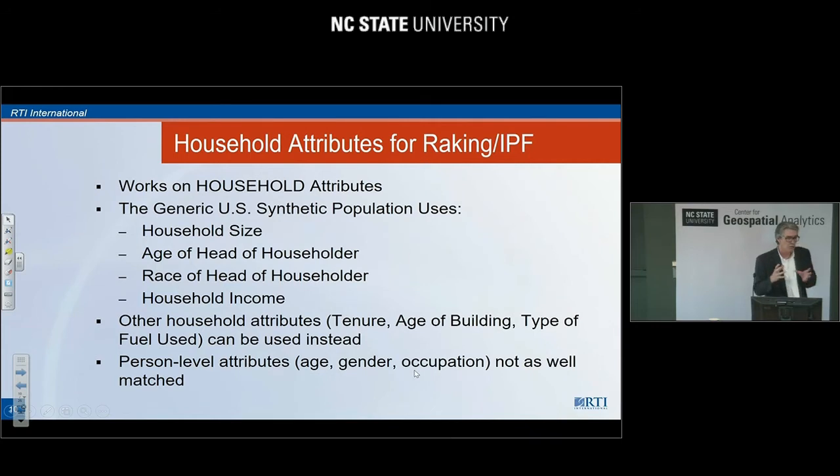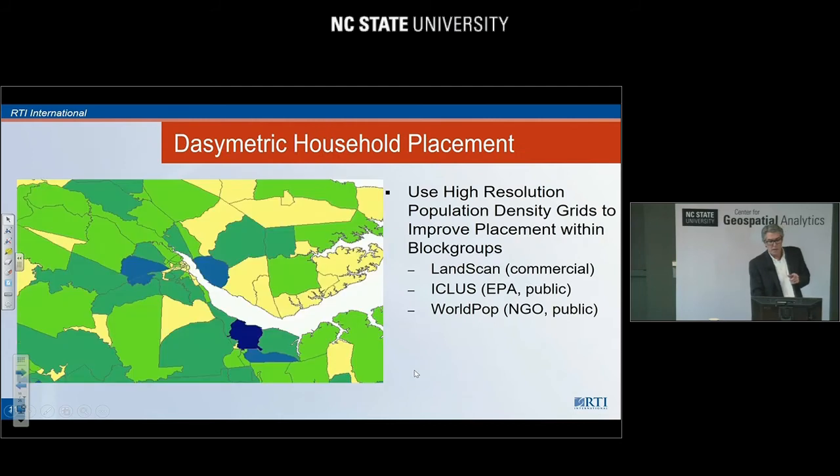But within the block group, we take those however many dots we have and we place them so that they match this. We're using something called ICLUS, which is an EPA population data set. Okay. And so how do we do the placement? As I mentioned, this is your standard block group census, a block group map from the Census Bureau.